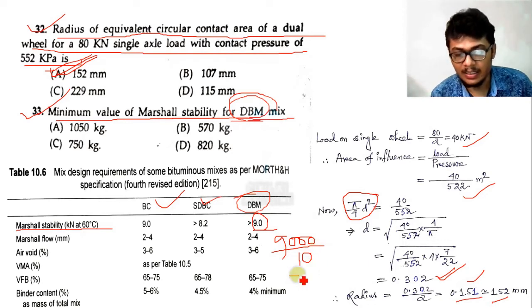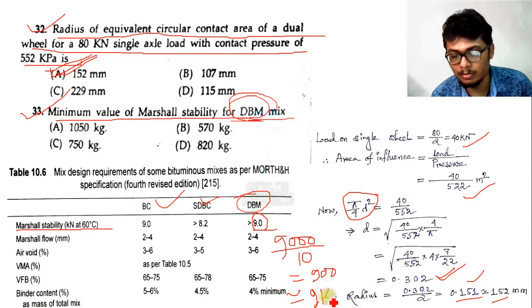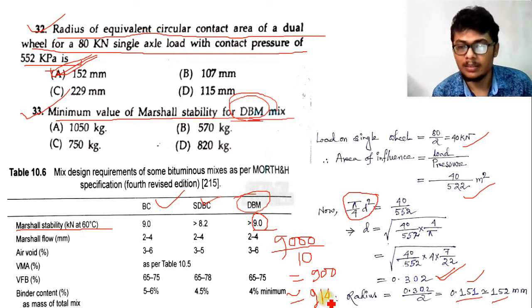Therefore the answer will be 900. Or if we take 9.81, then it will be approximately 914. This is the minimum value. The value should be greater than 914.